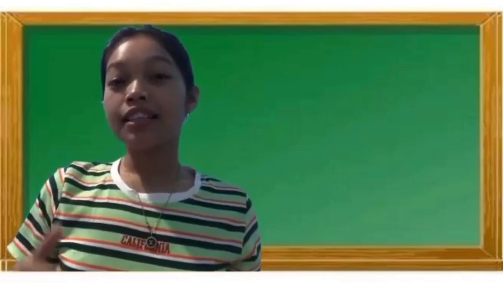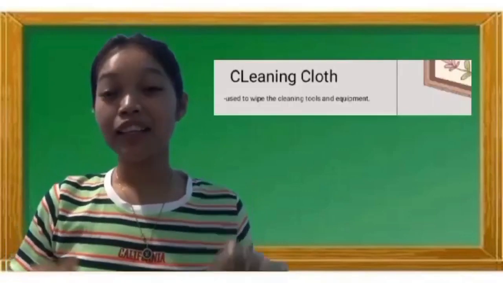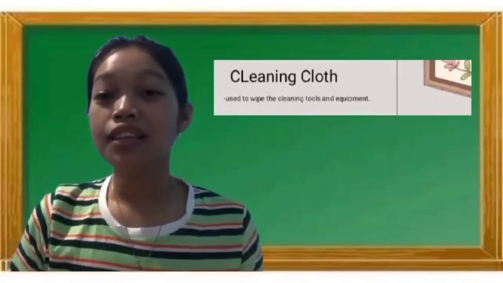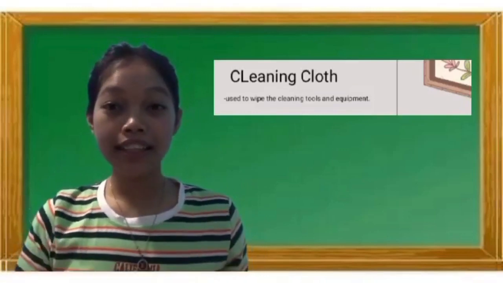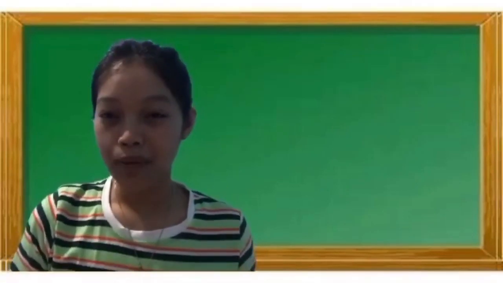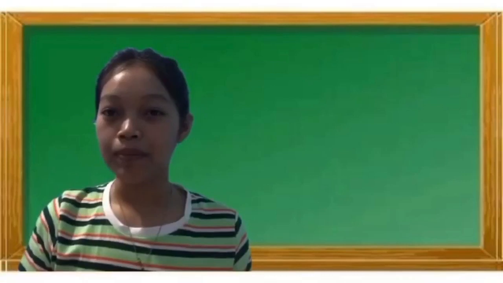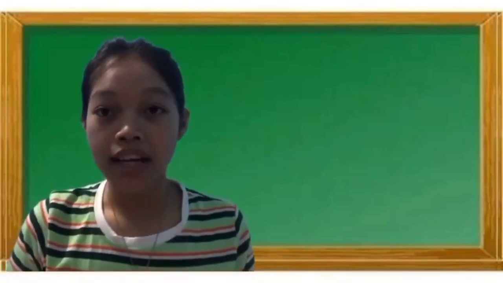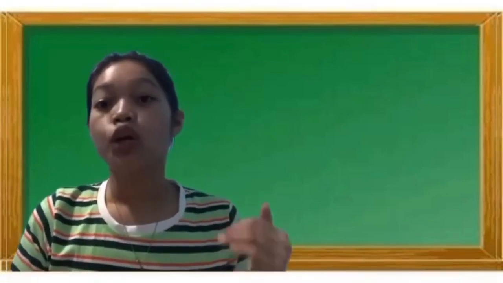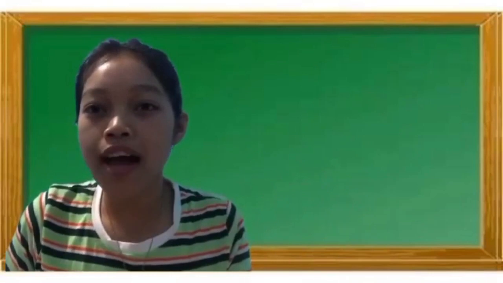The next cleaning tool is a cleaning cloth. It is usually used in cleaning tools and equipment. For example, you are going to use this one in order to clean your equipment like a refrigerator, microwave oven, or any equipment that you are going to use.